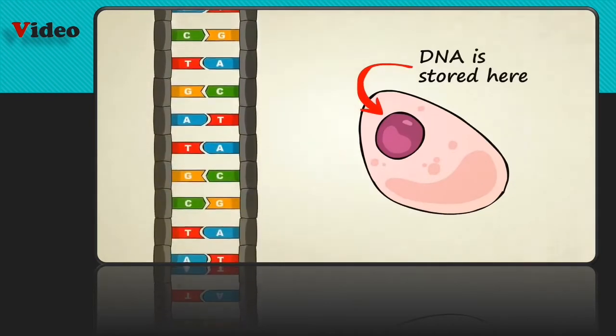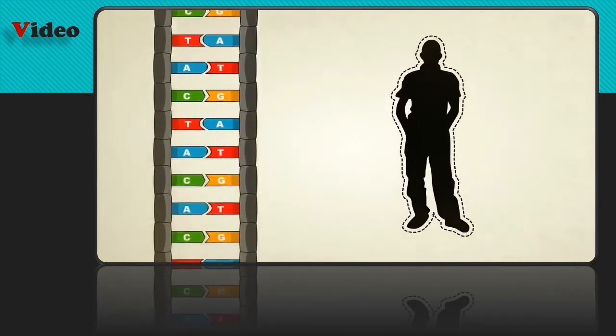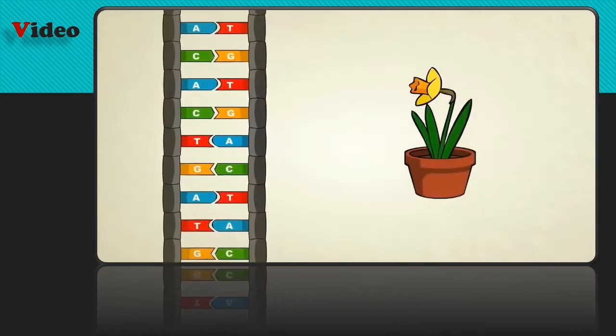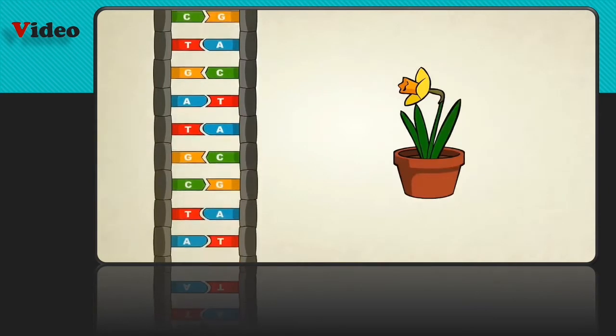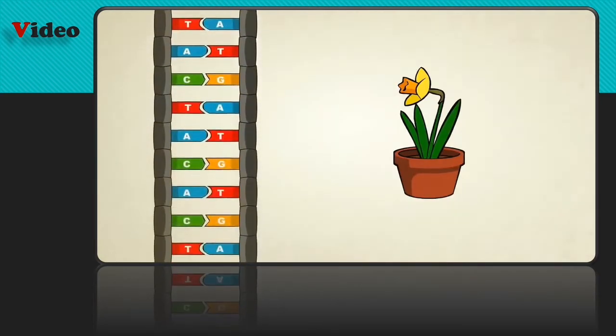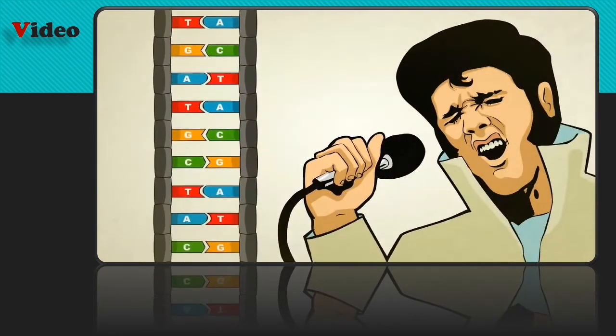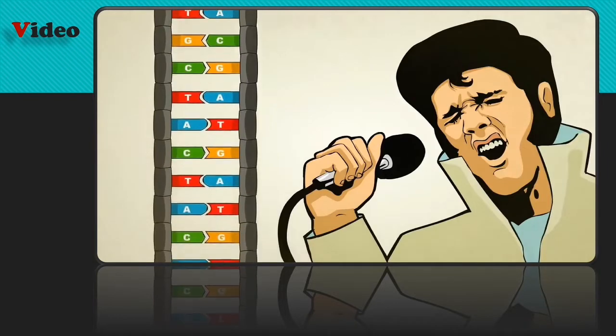Your DNA contains coded information on how to build you. The information in your DNA is different than that of, say, a daffodil's DNA, which is why you look and function differently than a daffodil. The information in your DNA is slightly different than that of Elvis Presley, which is one of many reasons you don't look or act quite like he did.